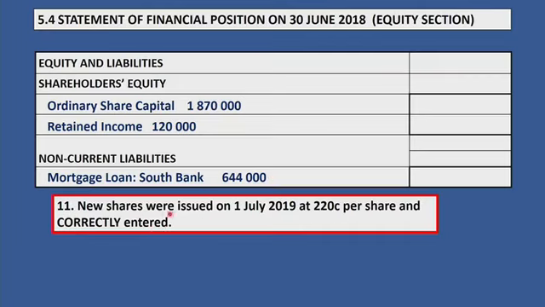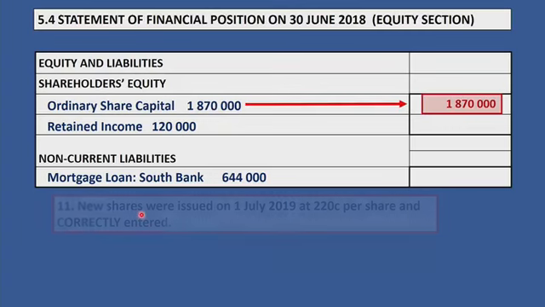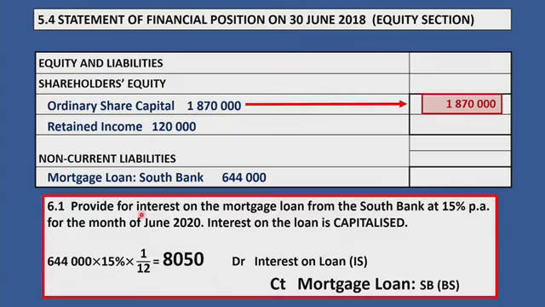If it says new shares were issued on 1 July and correctly entered, then it means 1,870,000 is correct and we won't have to change it. Always look for those words, either correctly entered or not yet entered. Therefore, it can just go in, it won't change. We've done this already. I've just put it here again. There should be an R there, not a T, sorry.